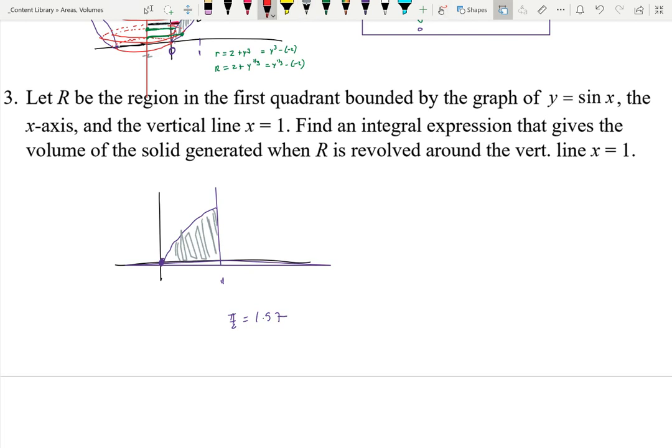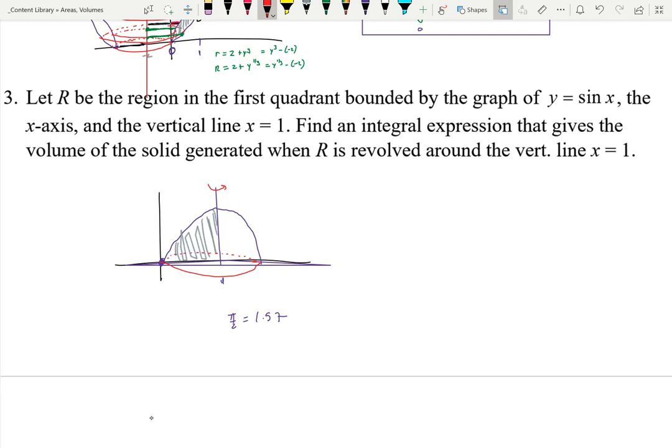And now we're going to rotate that around the vertical line x equals 1. So if we do that rotation, we're going to end up with something that kind of looks like a mouse. And I want you to notice that there is no separation between the axis of rotation and the region.